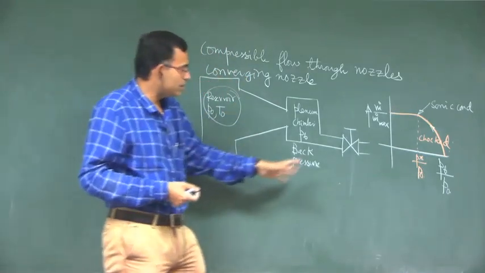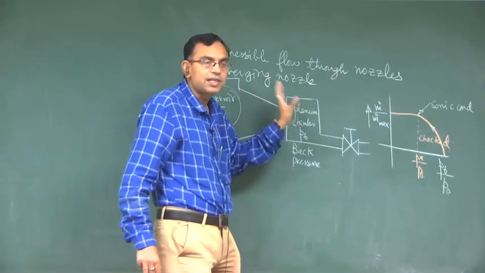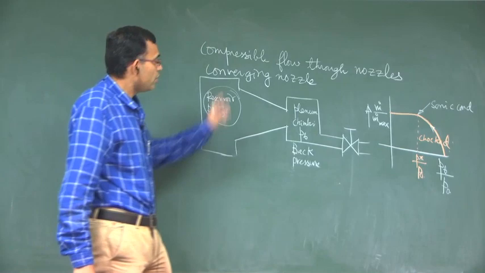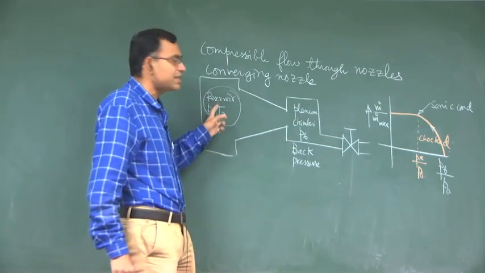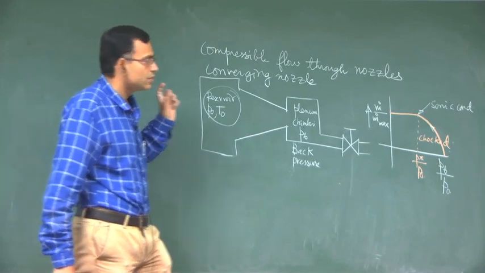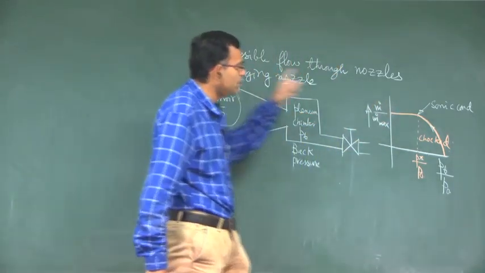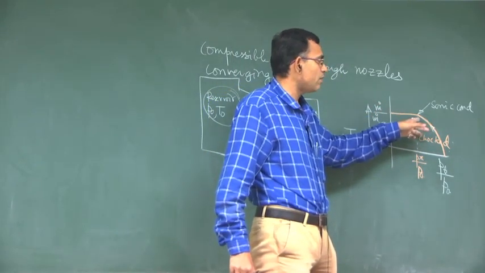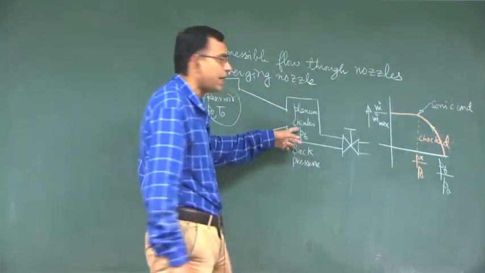So, do not get into the equations, try to understand the physics in a more appropriate way. So, the moral of the outcome of the story is the disturbance does not reach the reservoir. So, if the disturbance does not reach the reservoir beyond this sonic condition, that is for velocity of the fluid greater than the sonic velocity, the reservoir does not understand that there is a reduction in back pressure.